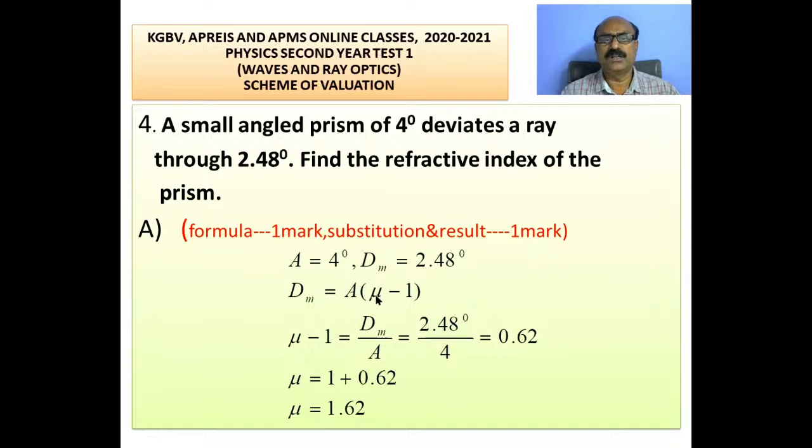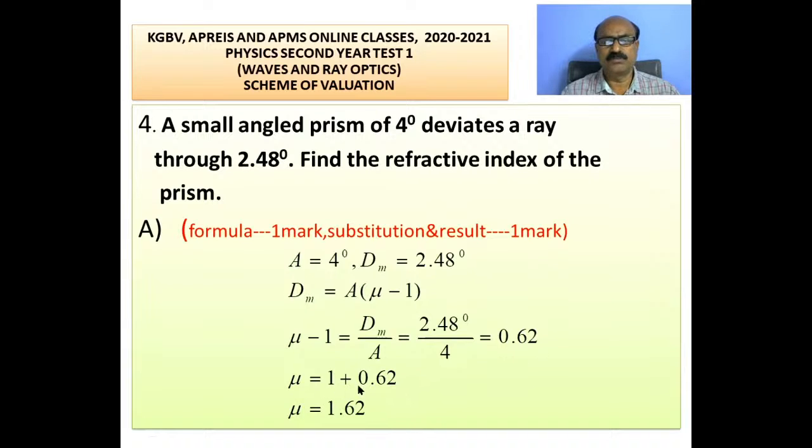This mu is the refractive index of the material of the prism. If you substitute and simplify, mu minus 1 is equal to Dm by A. Sometimes you will write Dm because this is the minimum deviation. That is equal to 2.48 by 4, which is equal to 0.62 after simplification.